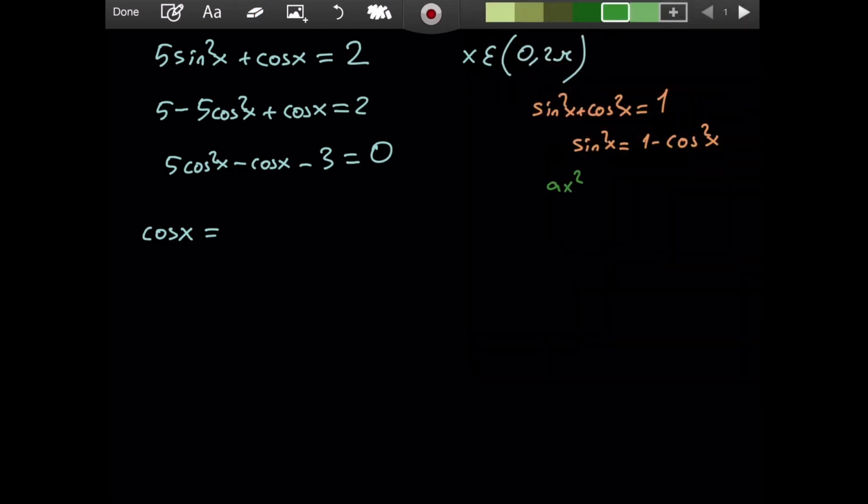This is the general case for a second degree equation, second degree polynomial, a quadratic equation, let's say. And the solution for this is, there are two solutions at most, two real solutions, or there can be imaginary conjugates as well, or there can be a double root. The solution is negative b plus or minus the square root of b squared minus 4ac, over 2a.